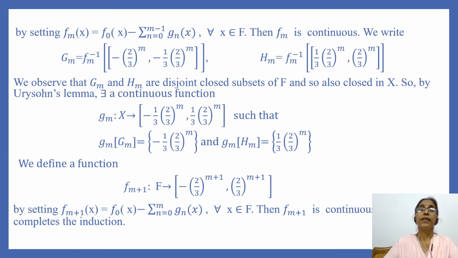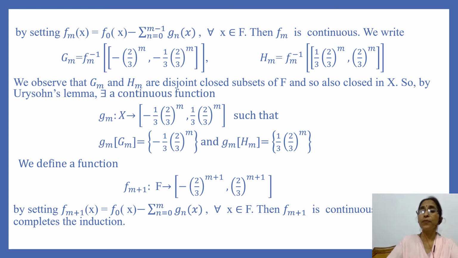By setting, as before, f_m(x) = f_0(x) − Σ g_n(x), n varying from 0 to m−1, for every x belongs to F. Then as f_m is a linear combination of continuous functions, f_m is also continuous.